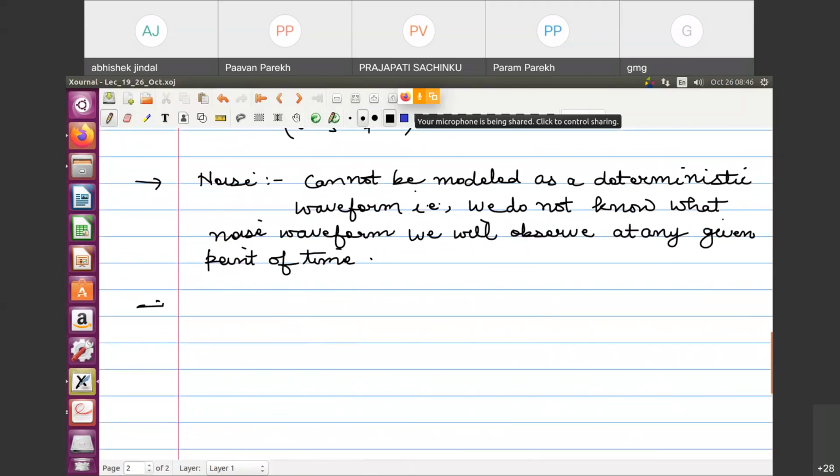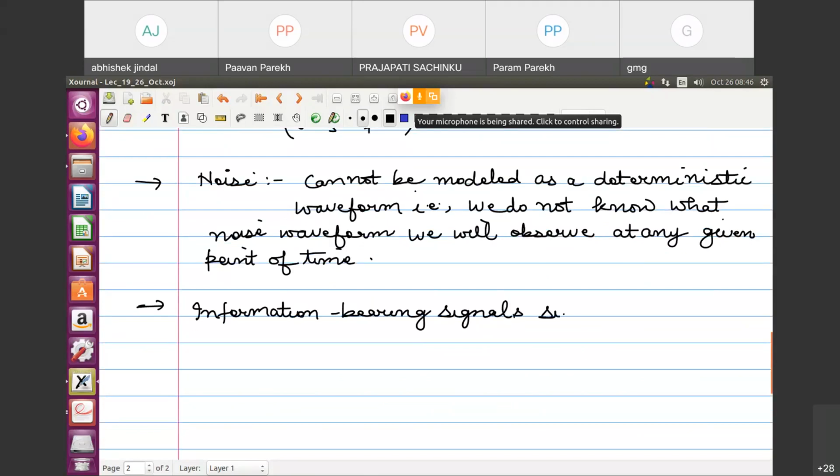Second important thing. Why do we study random processes, or what is the problem which forces us to include random processes in the study of digital communication systems? Next is the information bearing signal.